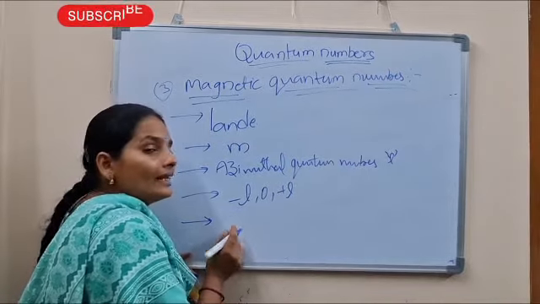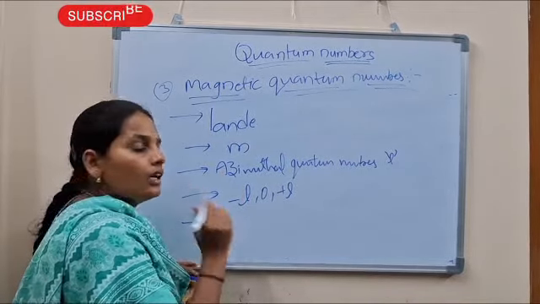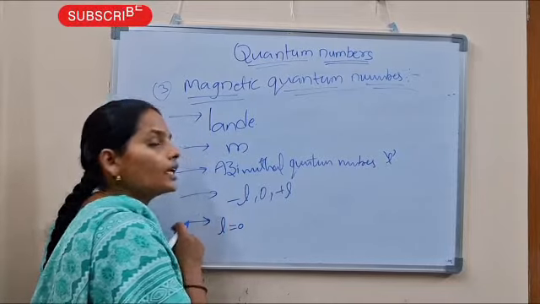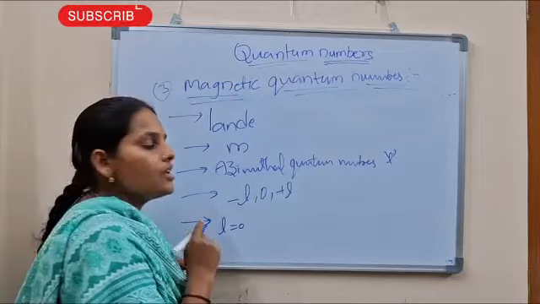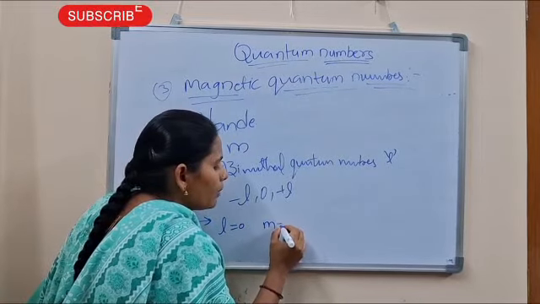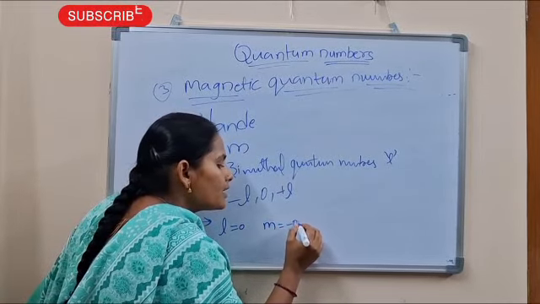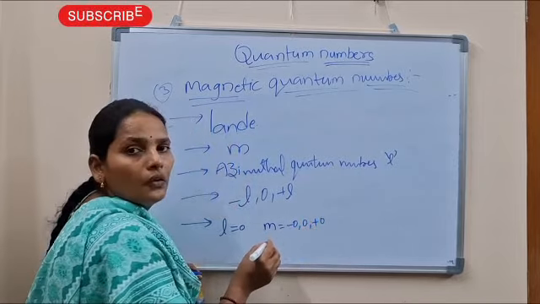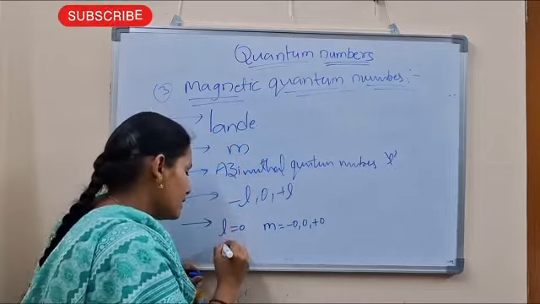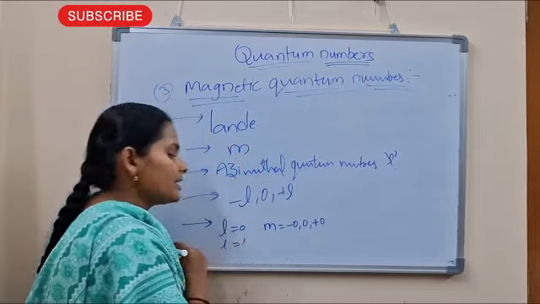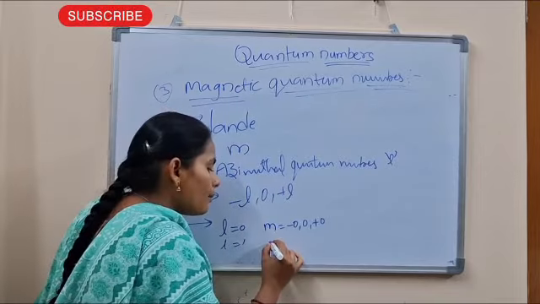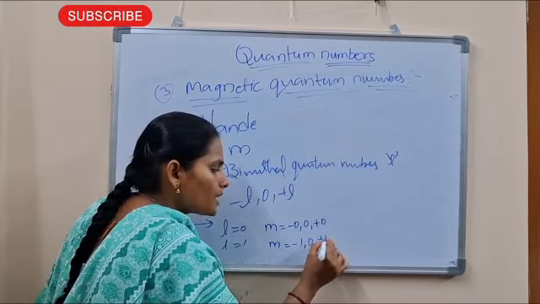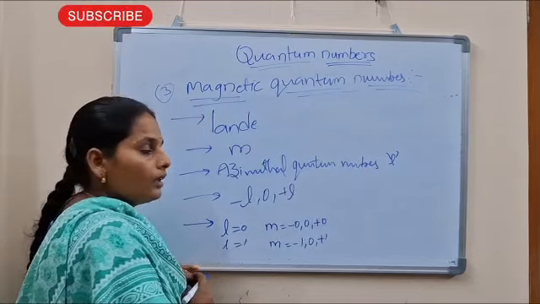If l equals 0, then m equals 0. If l is 1, then m values are minus 1, 0, plus 1.